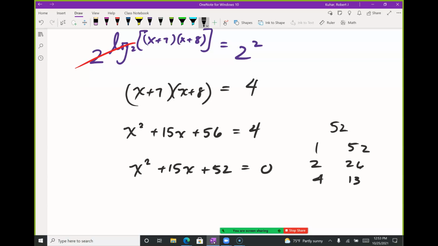Did I make a mistake somewhere? Anybody see a mistake?